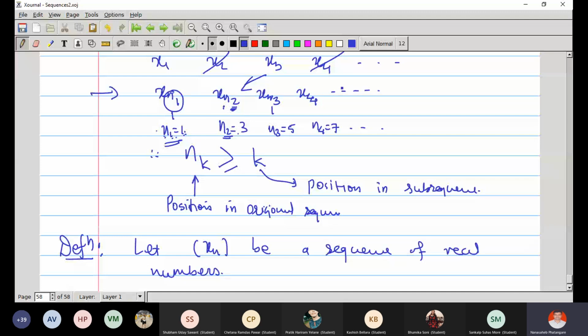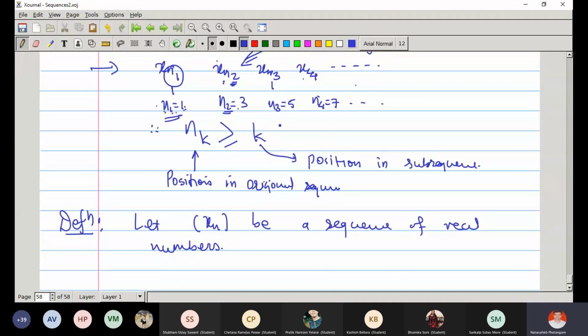That means x5 is there, but I cannot put x5 here and then after that x3, because x2, x4, x6 are deleted. I cannot mix the terms. I have to just shift them monotonously. x3 gets shifted first, then x5, then x7 and so on. We are just deleting, meaning the order stays as it is.